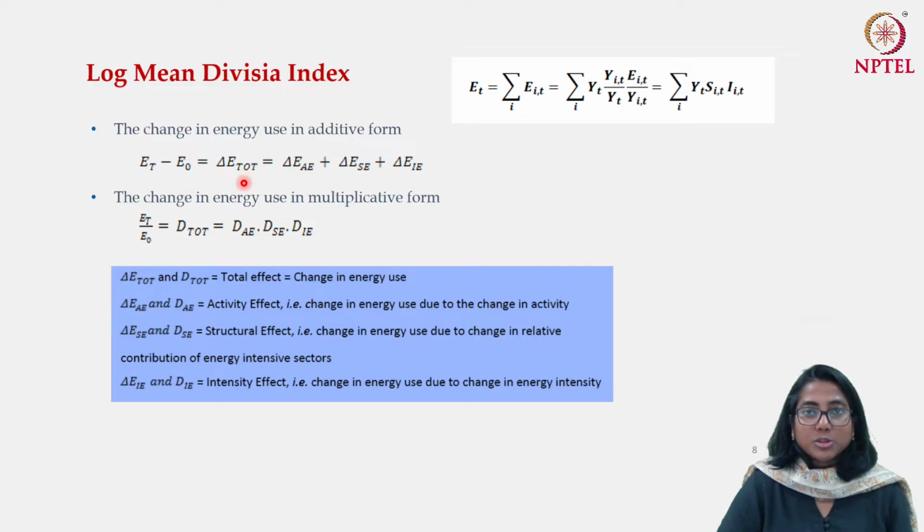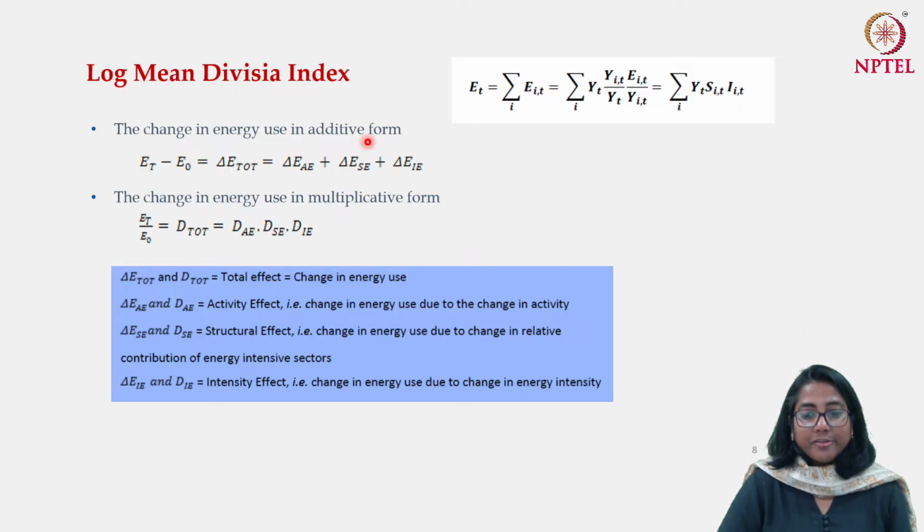TOT stands for total. So the total change in energy demand is equal to the change in activity effect, change in the structure, and change in energy demand due to change in energy intensity. This is the activity effect, this is the structural effect, and this is going to tell you about the energy intensity effect. So the total change in energy demand comes from these three sources. This is one way of writing about it.